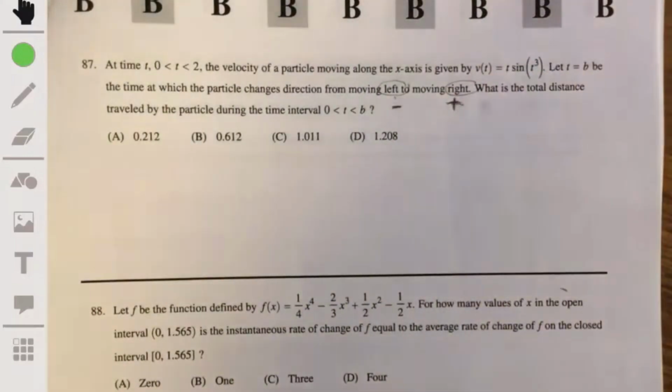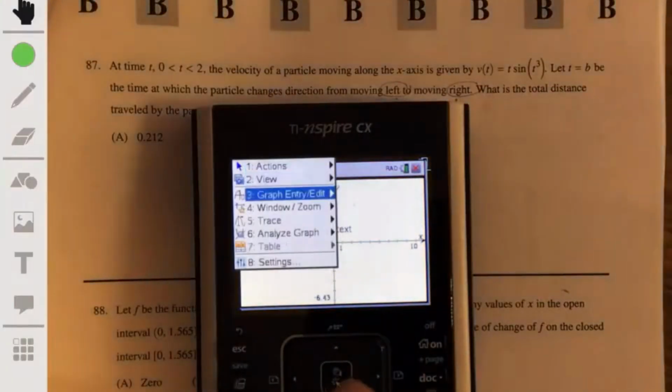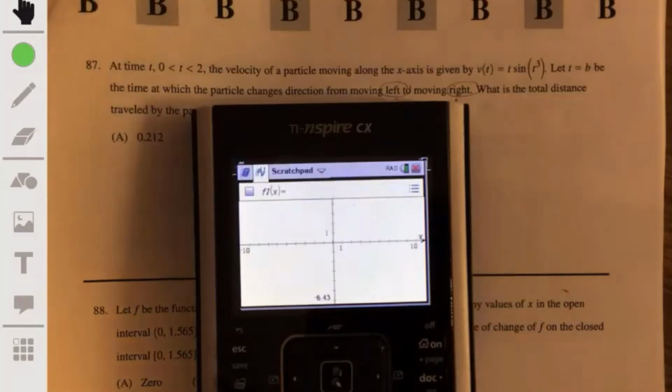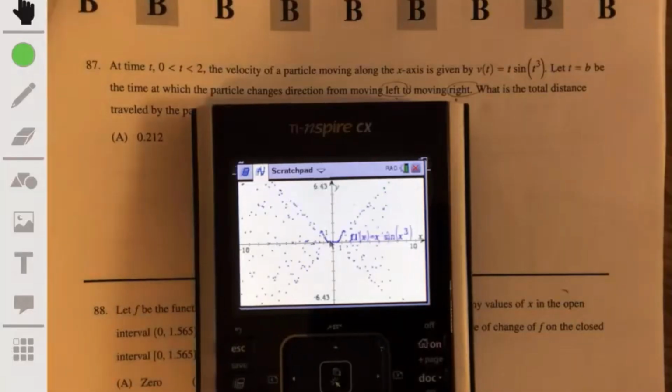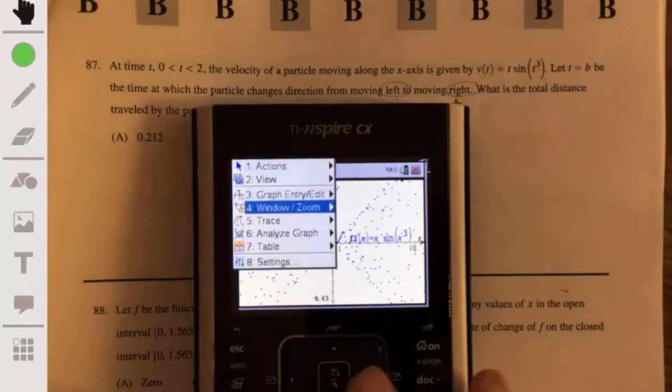So let's first graph this and just get a sketch of what we've got going on. We're going to graph this function, x times the sine of x cubed. Zoom in.